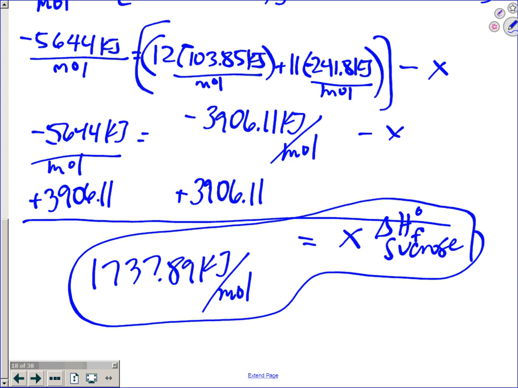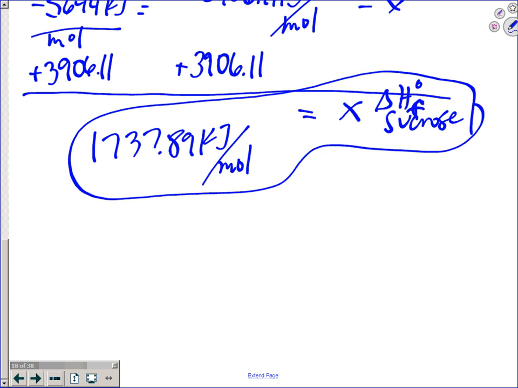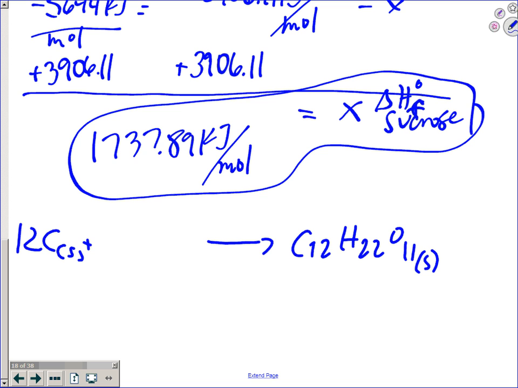We solve for delta H formation of sucrose. So this right here means sucrose, C12H22O11, solid. It means the energy it takes to do this: 12 carbons plus 11 hydrogen gases, diatomic, plus 11 halves oxygen. So carbon plus hydrogen plus oxygen yields sucrose.